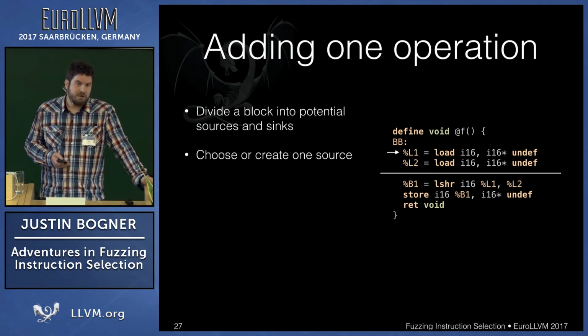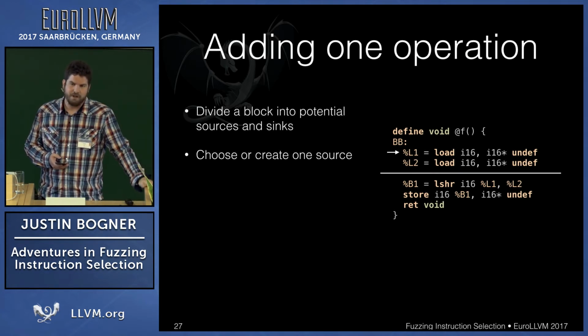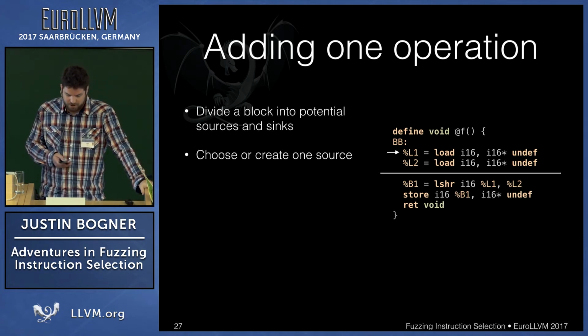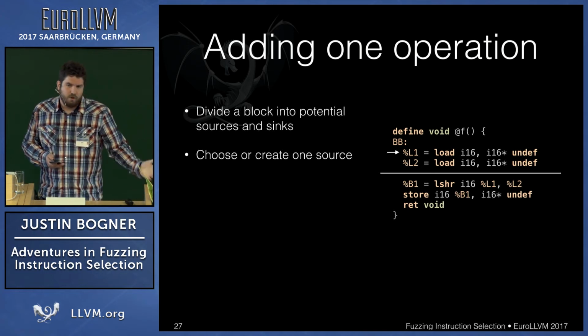That said, we do sometimes want to create new sources, so we always consider the list of sources to have an extra element. If you choose that element, it means create a new arbitrary source to start from, which could be a load or a global or a constant or whatever.